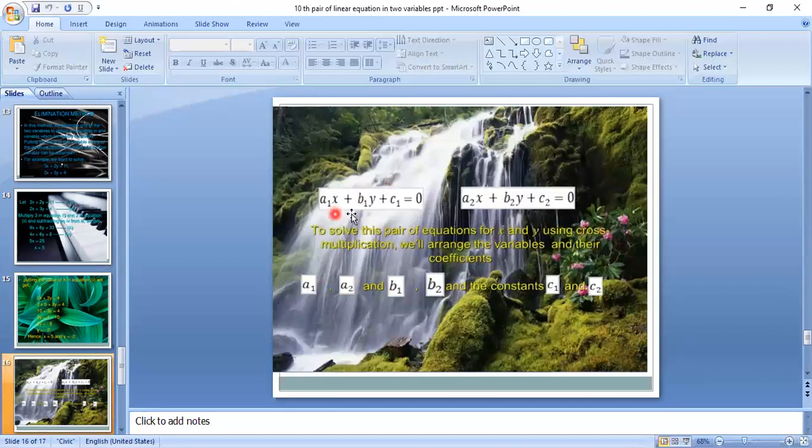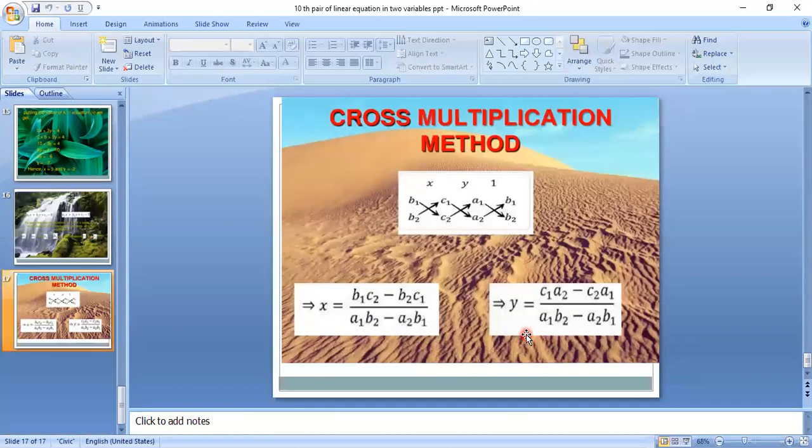Now, a1x plus b1y plus c1 is equal to 0, a2x plus b2y plus c2 is equal to 0. To solve this pair of equations for x and y using the cross multiplication method, we arrange the variables and coefficients a1, a2 and b1, b2 and the constants c1, c2. So x by (b1c2 minus b2c1) is equal to y by (c1a2 minus c2a1) is equal to 1 by (a1b2 minus a2b1).